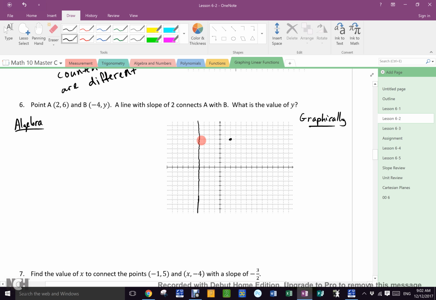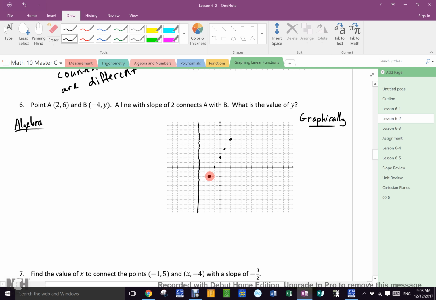So what direction must I go with my rise in order to keep it positive? I must go down. If I go down 2 and over 1, am I okay? Can I do it again? Down 2 and over 1. How long must I keep this up? Till I hit -4.